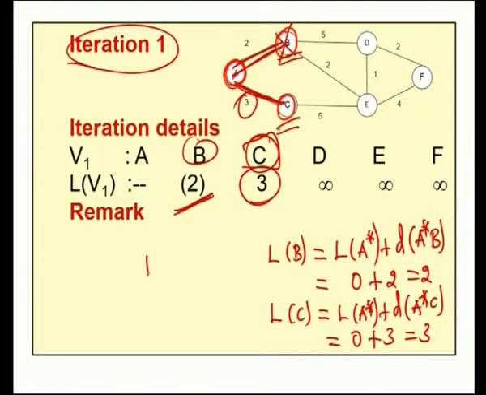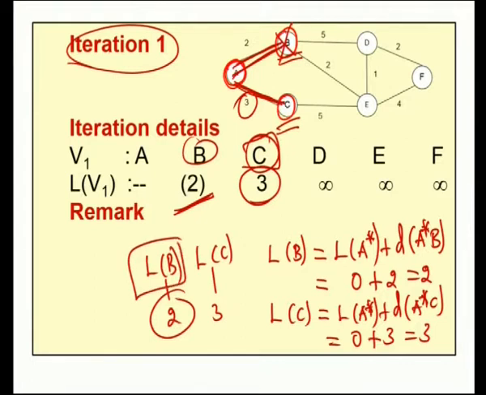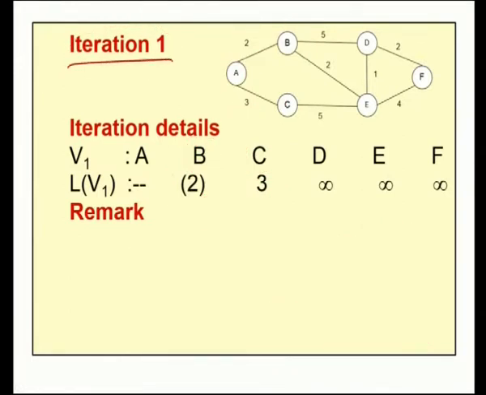Now, out of the labeling values L of B and L of C, where L of B is 2 and L of C is 3, the minimum is 2, which corresponds to B. In the first iteration, the node B has a permanent label 2, the node C has label 3, D has infinity, E has infinity and F has infinity.